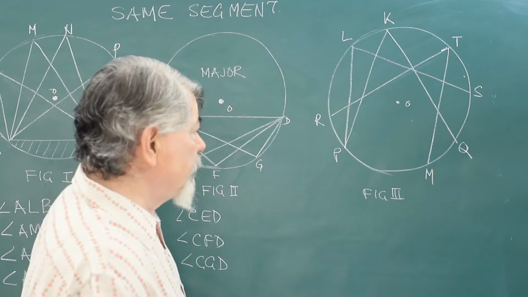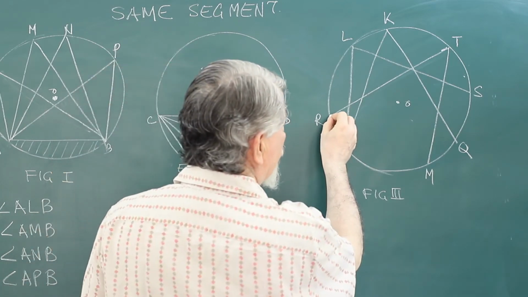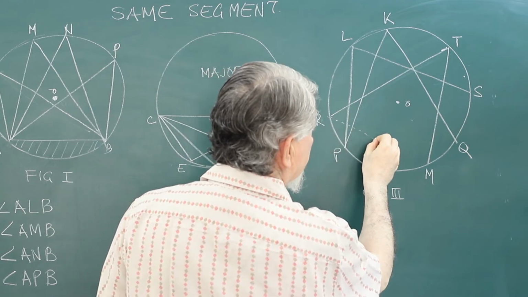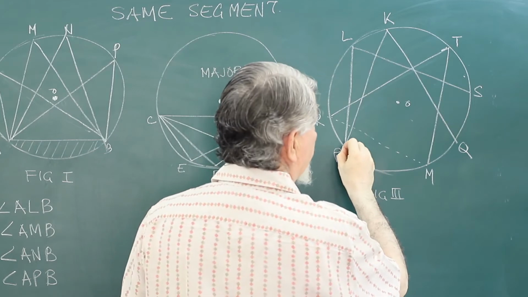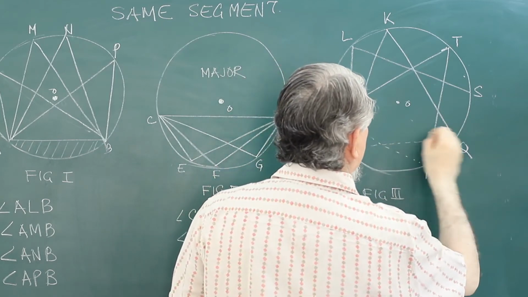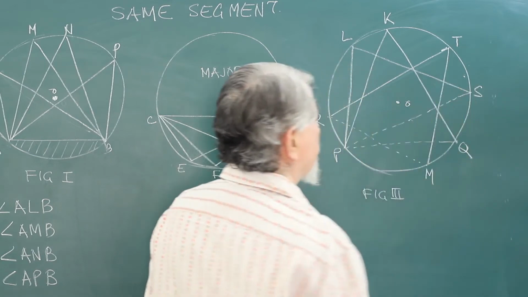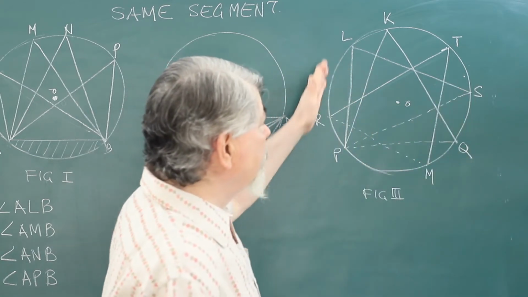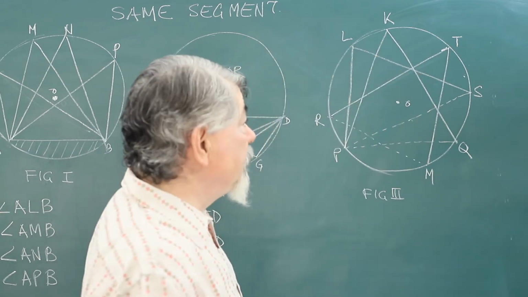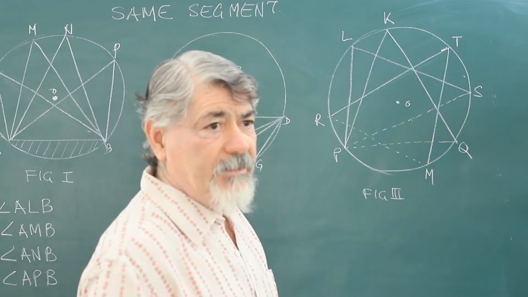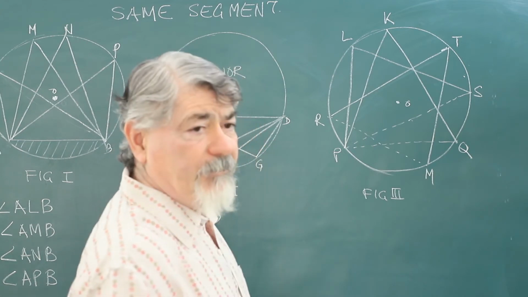In the third figure, suppose I join R to S, R to M, to distinguish between the chords P to Q or P to S. All angles which are framed here are in the major segment, but you will notice none of them have the same base.